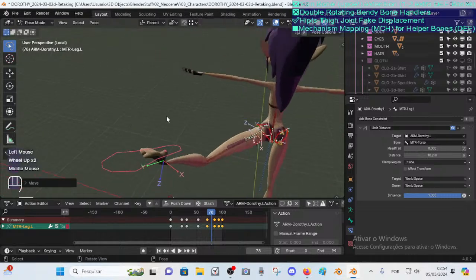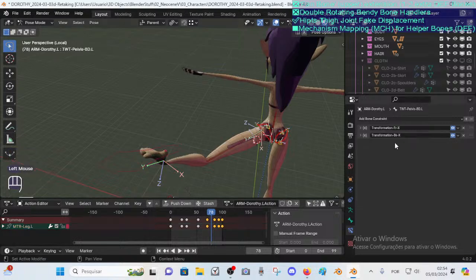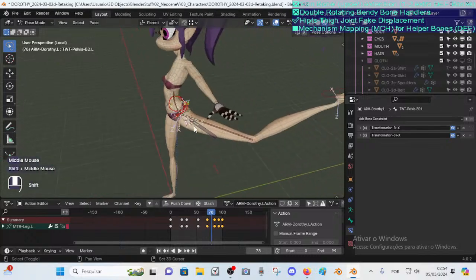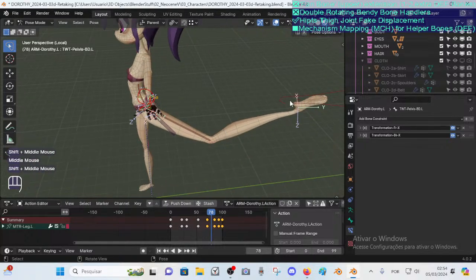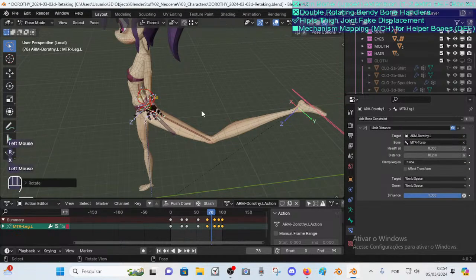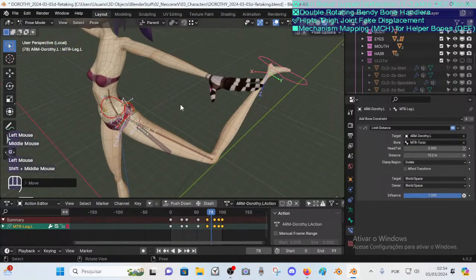And this is happening because the bone constraints were developed orthogonally, and this is very hard to solve. We need a lot of back and forth. So I believe there might be a solution for that.